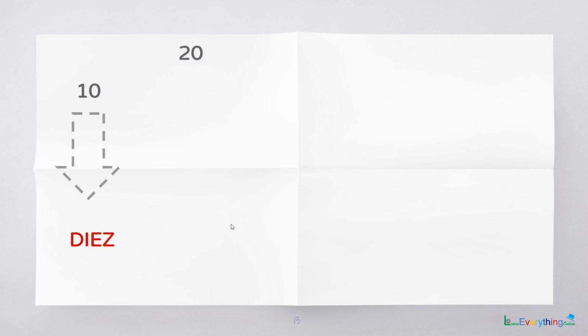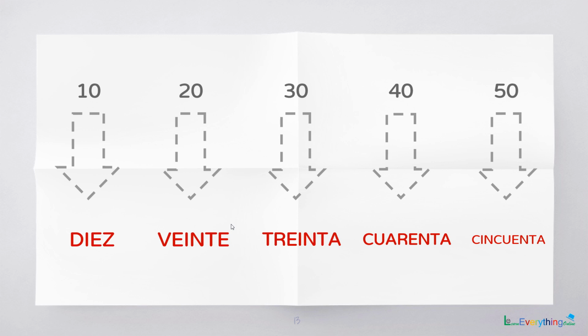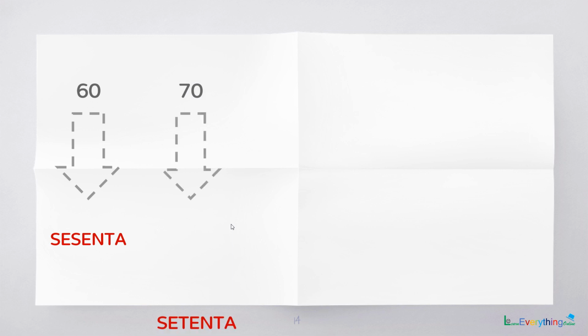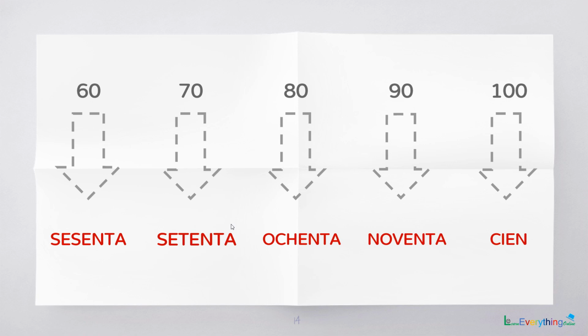For 10 we have diez, 20 veinte, 30 treinta, 40 cuarenta, 50 cincuenta, 60 sesenta, 70 setenta, 80 ochenta, 90 noventa, and for 100 we have cien.